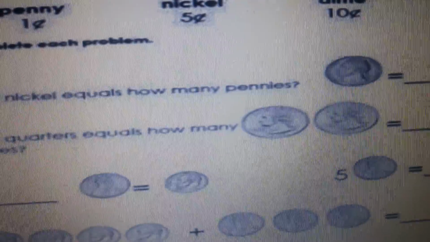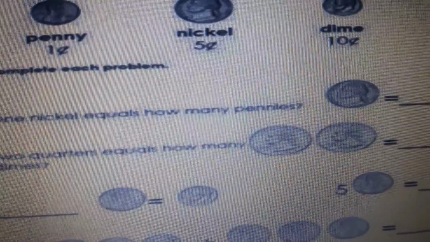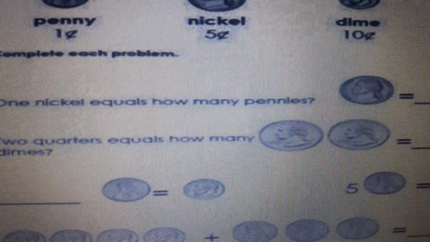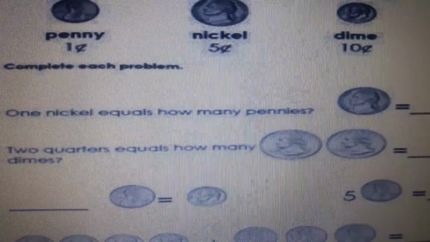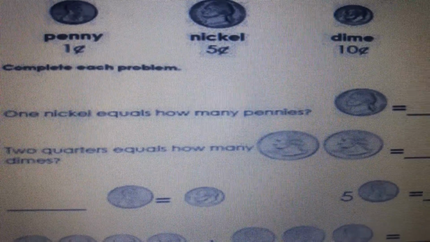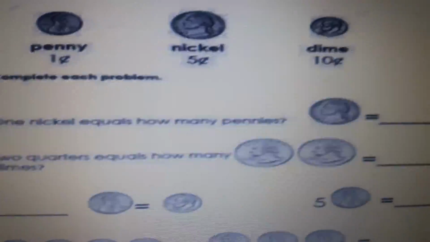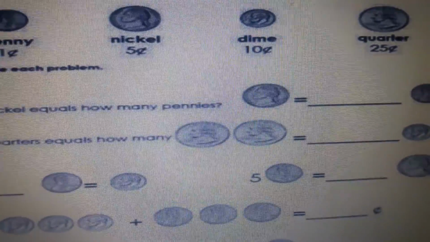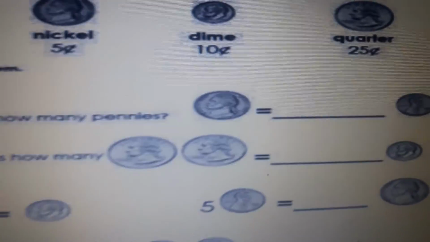So how many dimes inside the 50? How many tens inside the 50? So the 50 is 10 times what? So it's 10 times 5. So we have 5 dimes inside 2 quarters. Okay, then the answer will be 5.